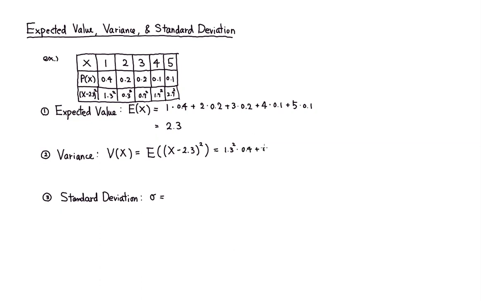Then you have 0.3 squared, and the probability is 0.2, plus 0.7 squared times probability 0.2 again, plus 1.7 squared with probability 0.1, and the last one is 2.7 squared, and the probability is 0.1. Exactly the same way, so it's the expected value of the square difference from the mean. Then let's compute this value.